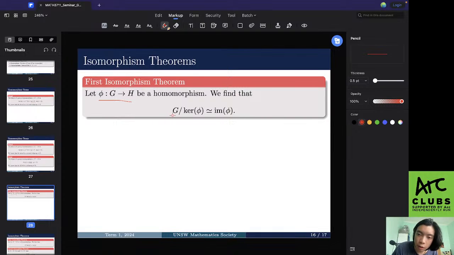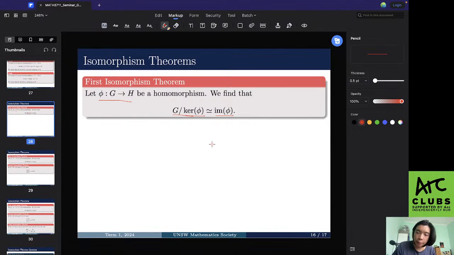And we know that this is possible because the image of phi is a subgroup and the kernel is a normal subgroup. So G on the kernel will form a group based on the quotient.